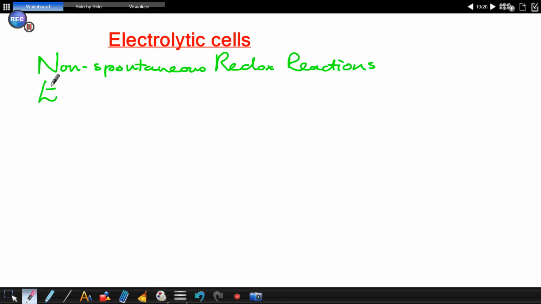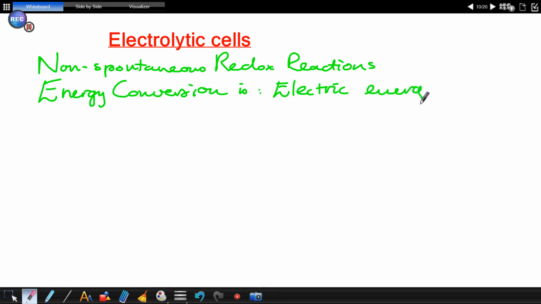So the energy conversion is electric energy to chemical energy. That's the energy conversion.